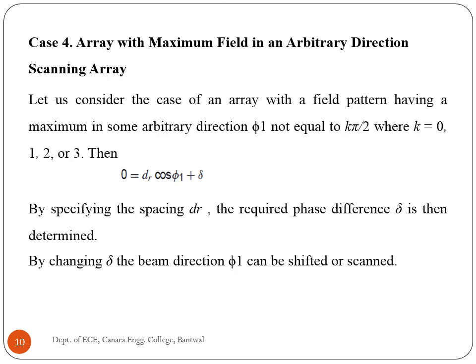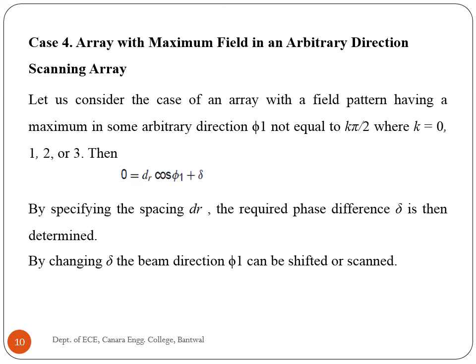Array with maximum field in an arbitrary direction, scanning array. Let us consider the case of an array with a field pattern having a maximum in some arbitrary direction, that is phi 1, not equal to k pi by 2, where k equal to 0, 1, 2 or 3.